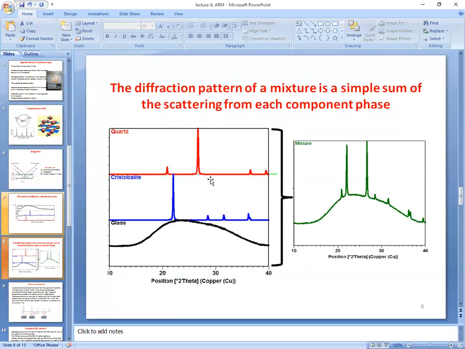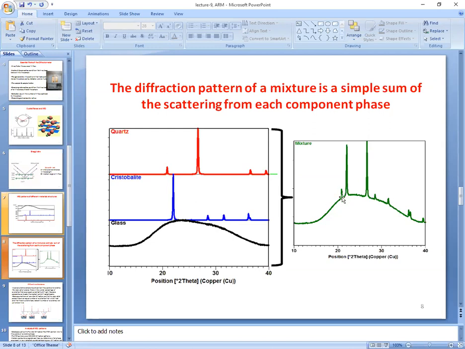Okay, so this is the diffraction pattern, and if we have a sample containing all these materials, glass, cristobalite, and quartz, you will obtain a diffraction pattern of this form. There is a glassy phase, you can see the hump, and you can see the peaks for the cristobalite. Similarly, you can see the peaks for the quartz.